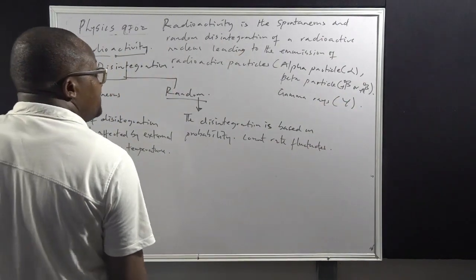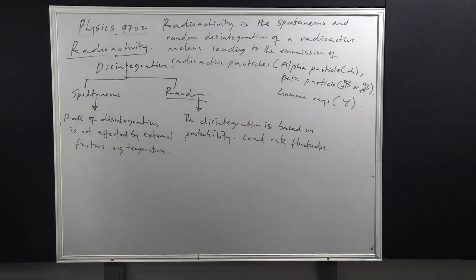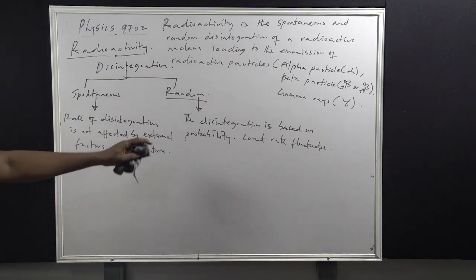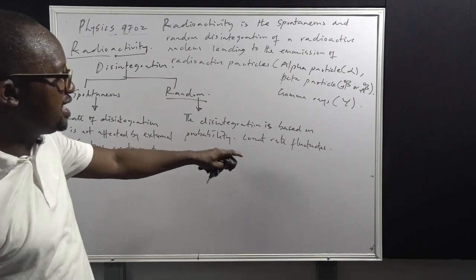So radioactivity is spontaneous and random disintegration of a radioactive nucleus, which leads to the emission of radioactive particles. What are these particles? Alpha particles, beta particles, and gamma rays. It is spontaneous because the rate of disintegration is not affected by external factors. It is random because the disintegration is based on probability, meaning that the count rate fluctuates.